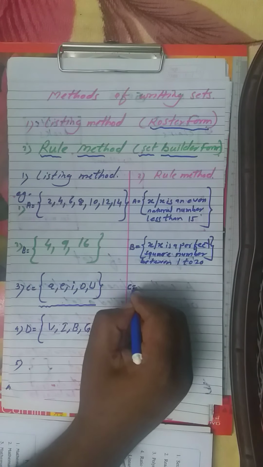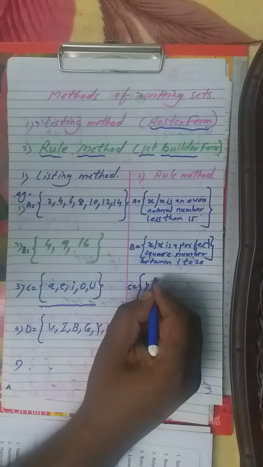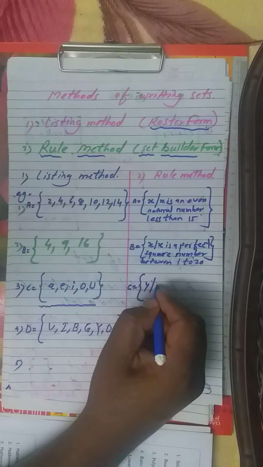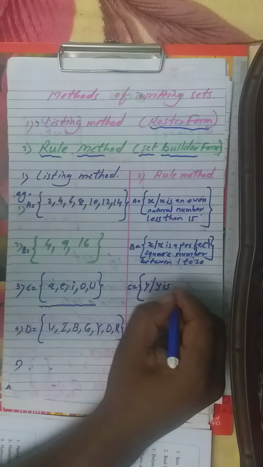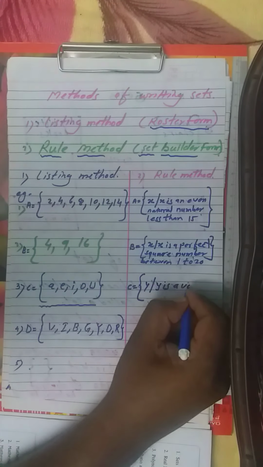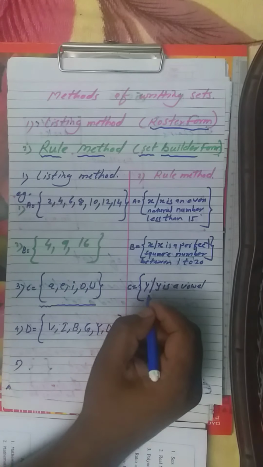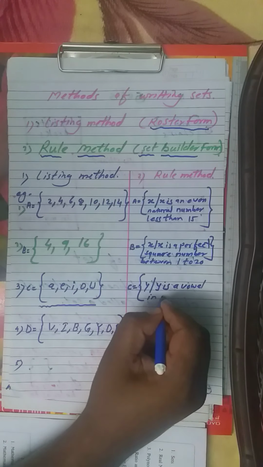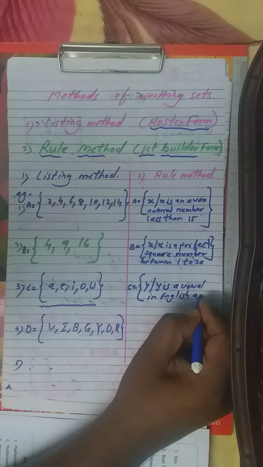Now we can write C is equal to, in curly brackets, y such that y is a vowel in the English alphabet.